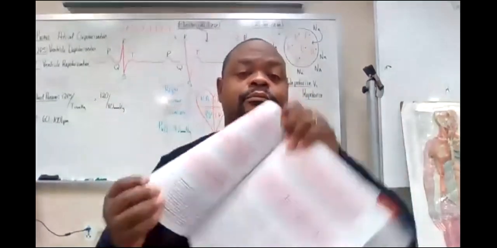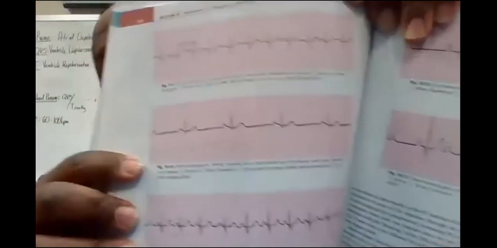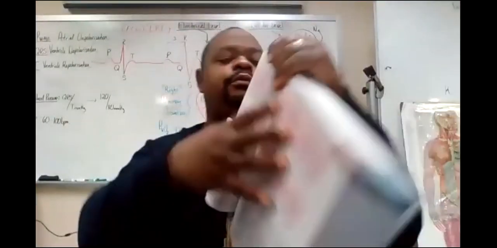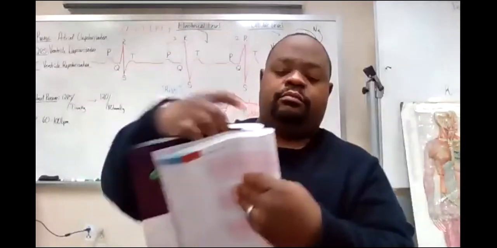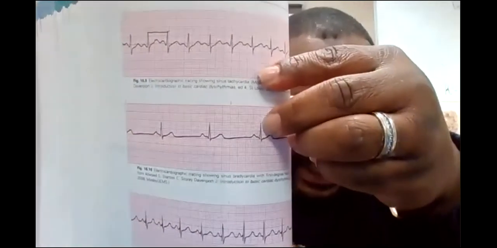18-10, which is this one. Okay, let me do it this way. If we're counting the boxes, you see. All right, so let's start with one that falls exactly on a box.